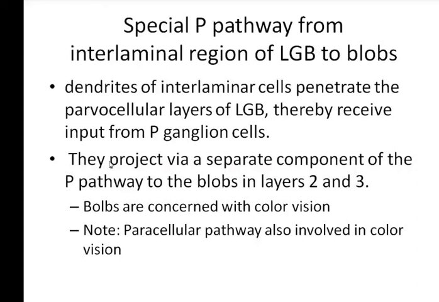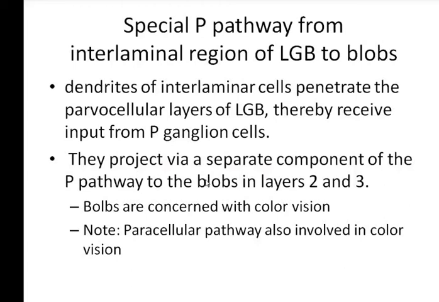You might get confused, but you should know that there are special P type cells from the interlaminar regions of the lateral geniculate body to the color blobs of the visual cortex, responsible for color vision perception. The blobs have different layers, but mainly they terminate on layers 2 and 3. These special P cells terminate on layers 2 and 3 of the color blob and are mainly concerned with color perception.